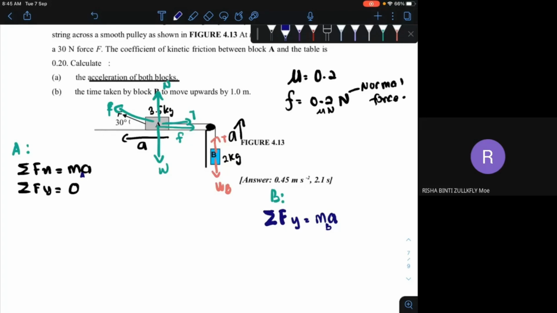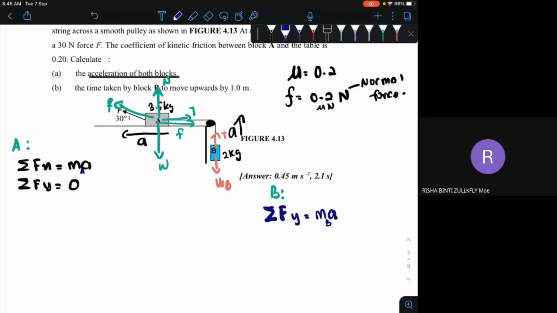Okay. So, since kita nak cari acceleration, kita pun akan buat summation Fx. Kita ada tension campur dengan friction, tolak dengan the force along X, samakan dengan mass negative acceleration. Sebab acceleration kamu ke kiri.